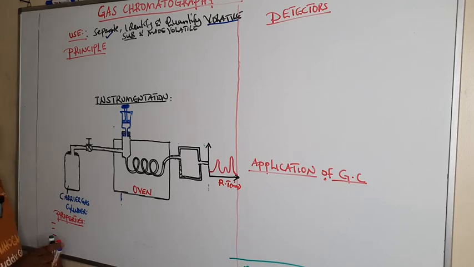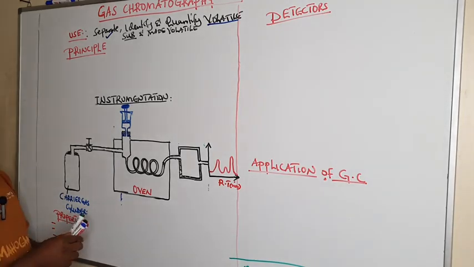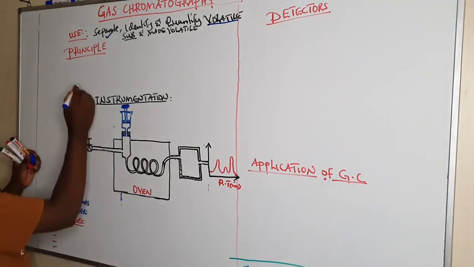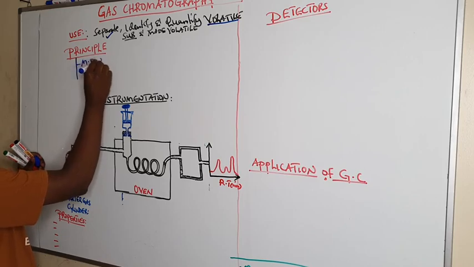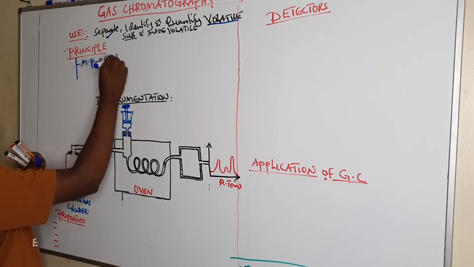And we said we call it gas because, as we are going to see under the principle, the mobile phase used is a carrier gas.